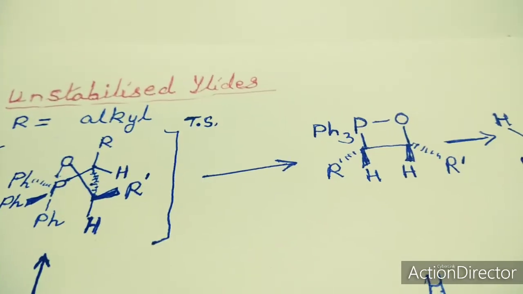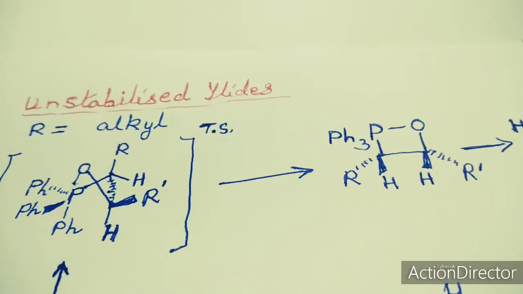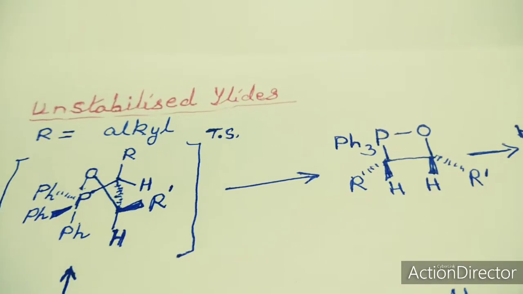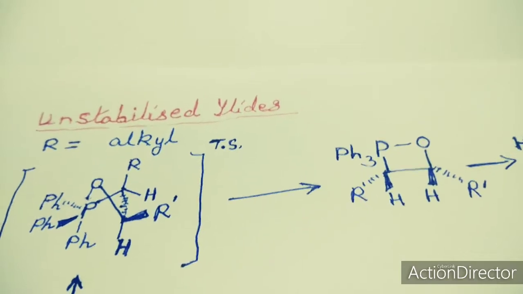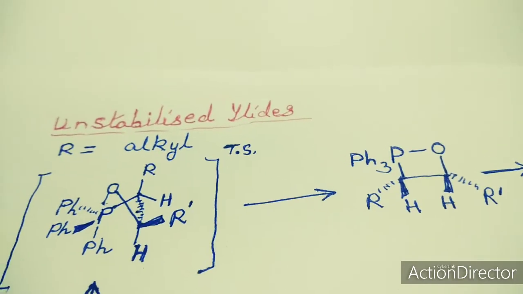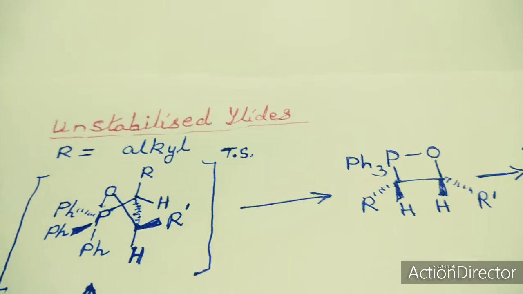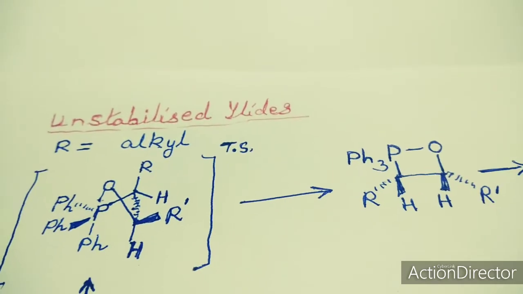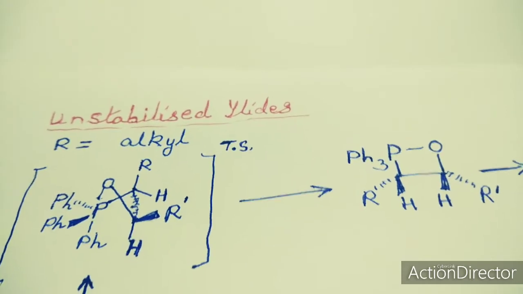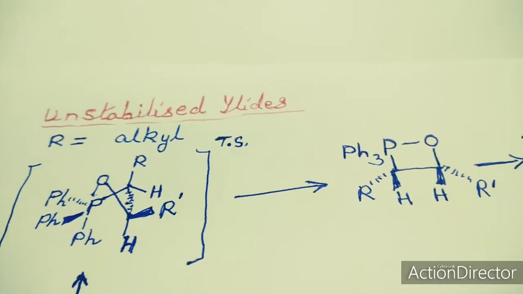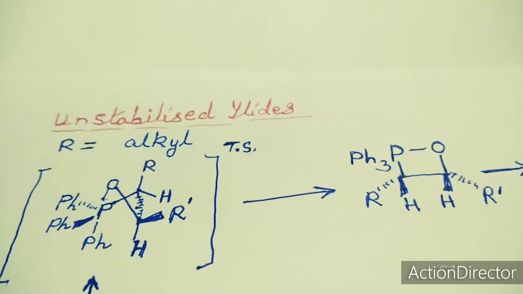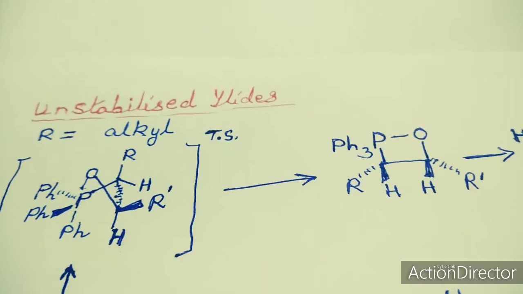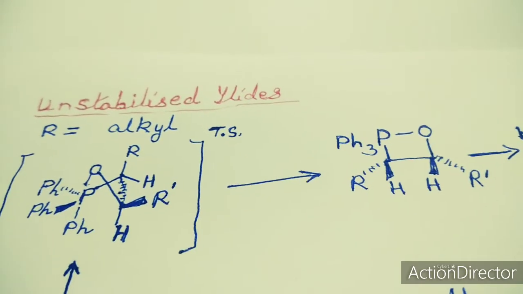Now, where we are using unstabilized halides, that means where R is equal to alkyl in the halide, that is Ph3P=CHR, where R is an alkyl group, that is known as an unstabilized halide, because R is not stabilizing this halide, because C is negative and R has a plus I effect.